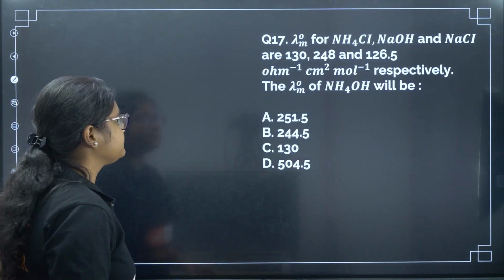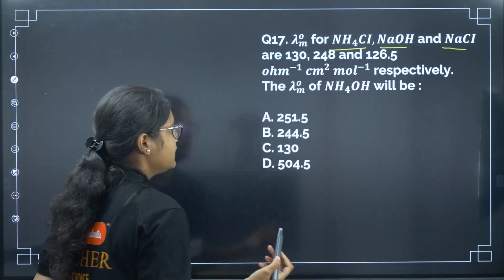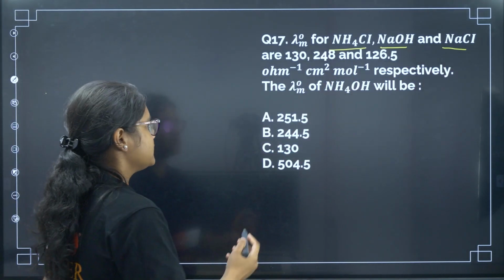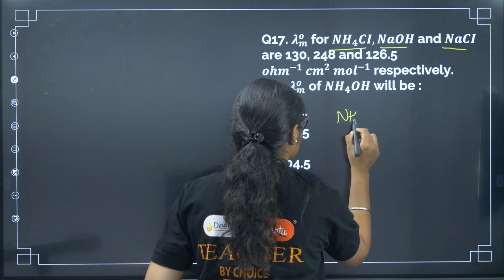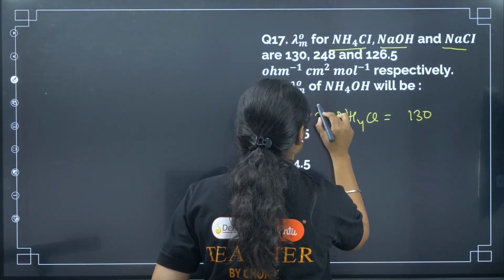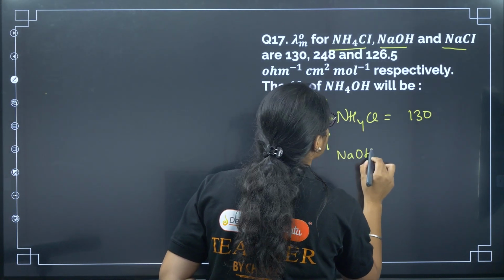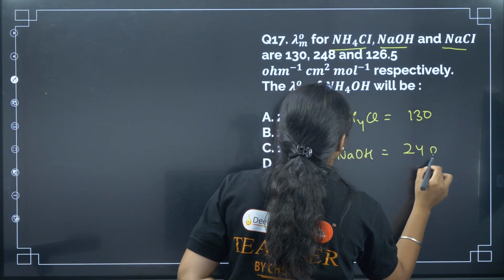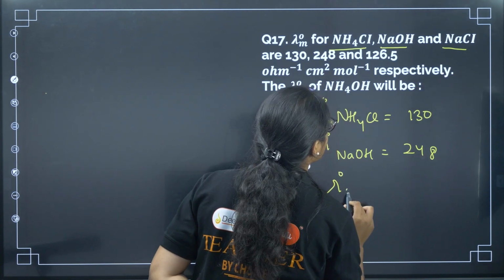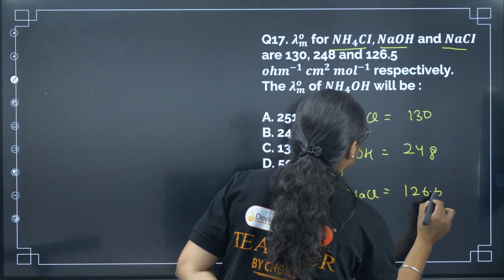Okay, next question. Lambda naught M for NH4Cl, NaOH and NaCl are given. Calculate for NH4OH. So let us first note down the values. For NH4Cl, the value is 130. Then lambda naught M for NaOH is 248. And then lambda naught of NaCl is 126.5.